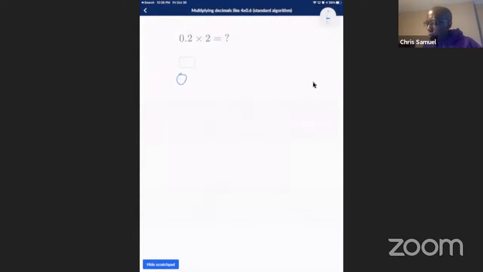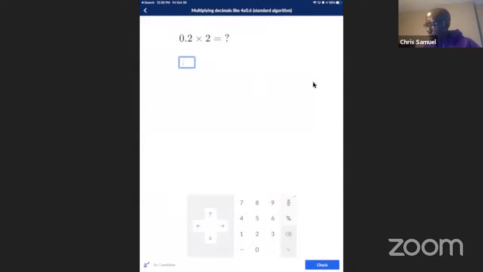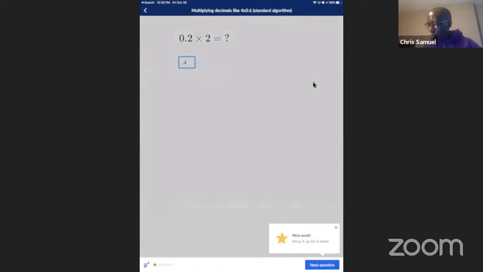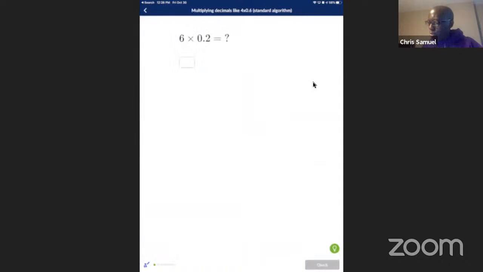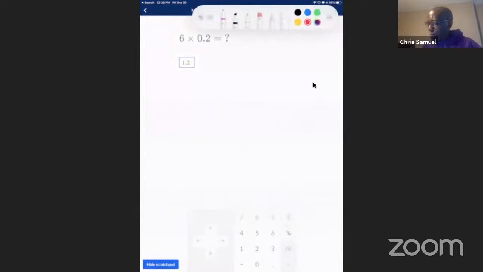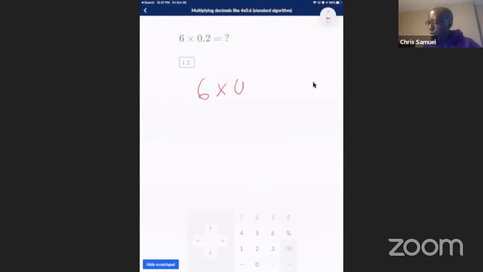So we have here 0.2 times 2. I don't want to skip it because I know what the answer is. So just bear with me. So we have here 6 and 2, basically the same one we had before, where 6 times 0.2 is just like saying 6 times 2 is equal to 12, but we move it 1 decimal point.